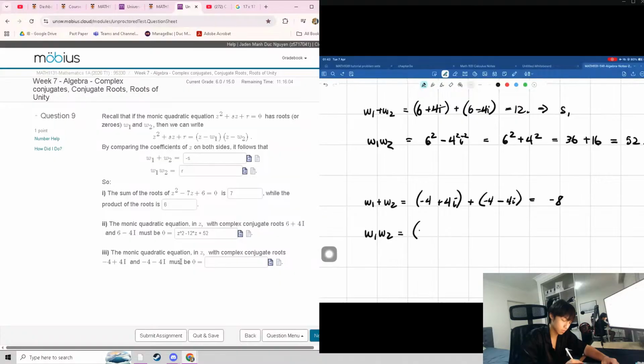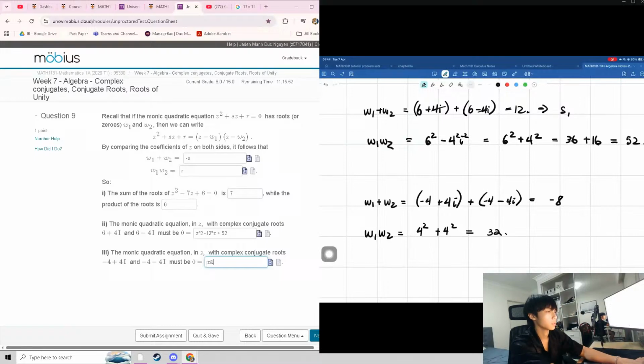W1 W2 is equal to 4 squared plus 4 squared. So 32. So this is z squared plus 8z plus 32.